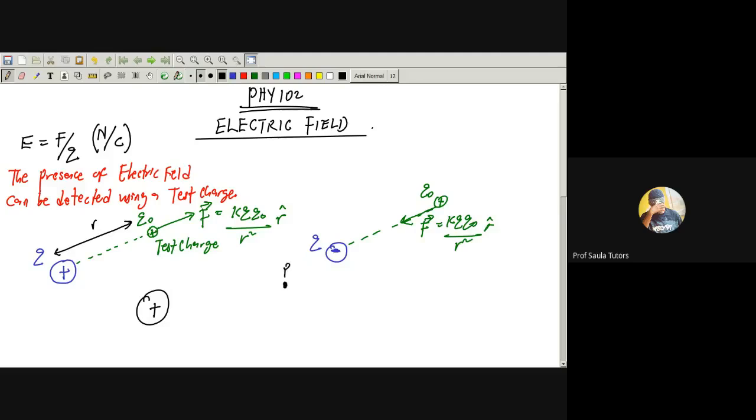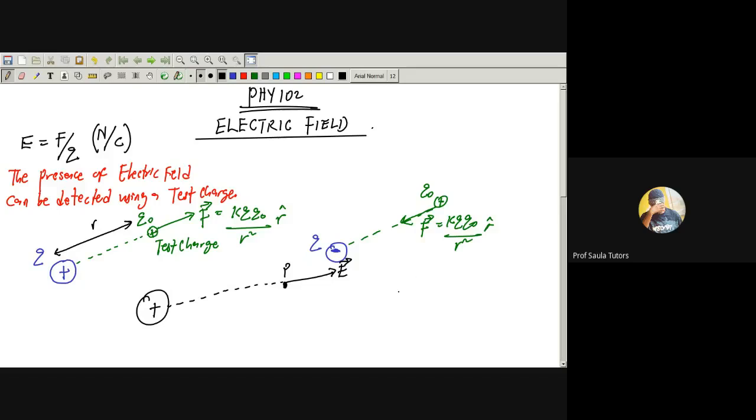Because this is a positive charge, the electric field it will create around this point will go away from it this way. That is, if it is a positive charge, the electric field E will be directed outward.